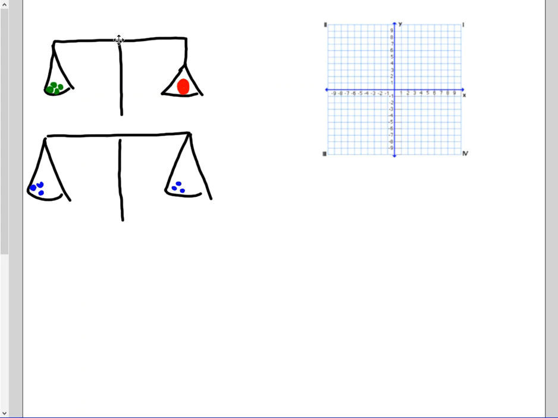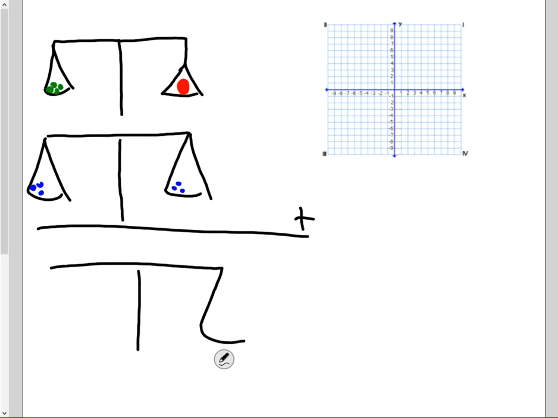Basically, what we're saying is that if we add everything together on each side of these scales, like the sum of each side of an equation, we will still get a balanced scale.